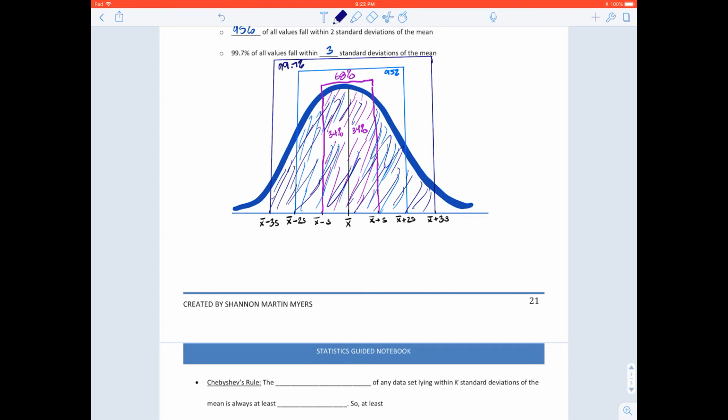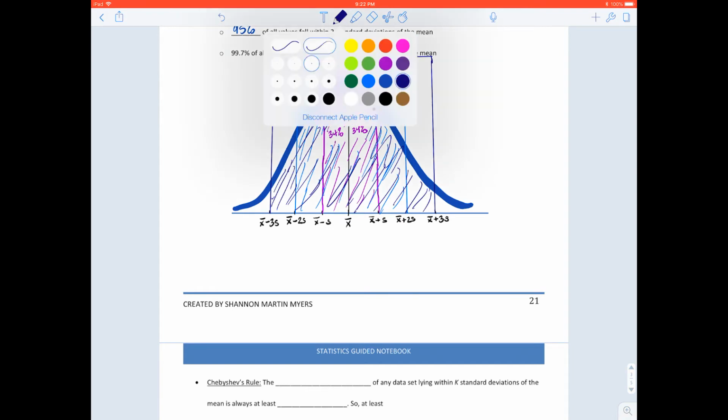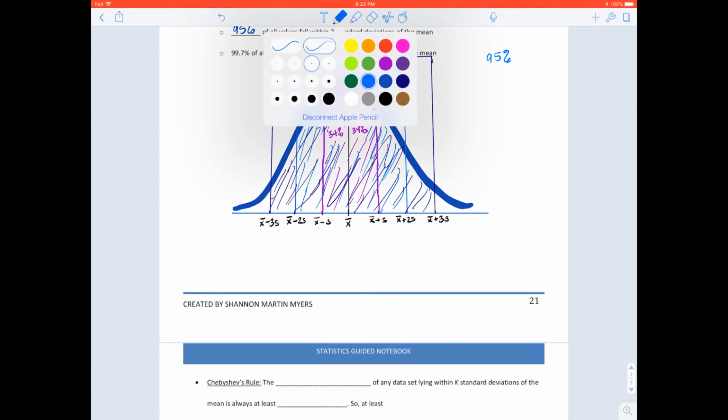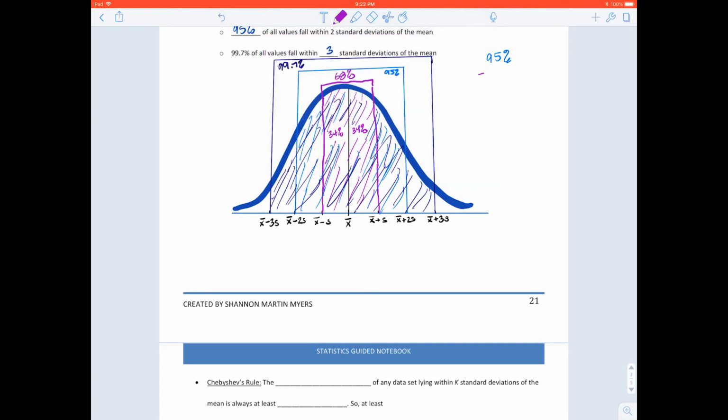Well, for the second standard deviation out, remember that covers 95% of the values. If we subtract from that the 68% that we already took a look at, do you see that we'll end up getting 27%?